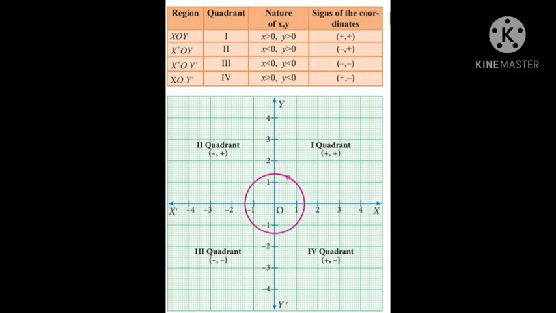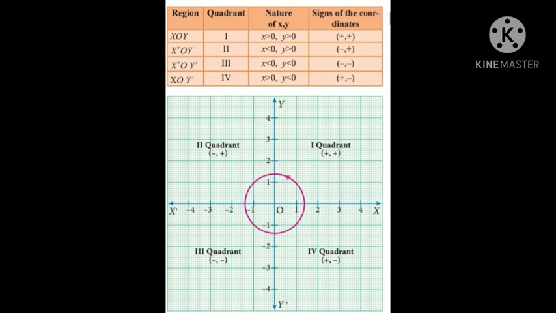Look at the circle. In that circle one arrow mark is given, from the first quadrant rotating anti-clockwise: first quadrant, second quadrant, third quadrant and fourth quadrant. In the first quadrant both values are positive: x is positive and y is positive.